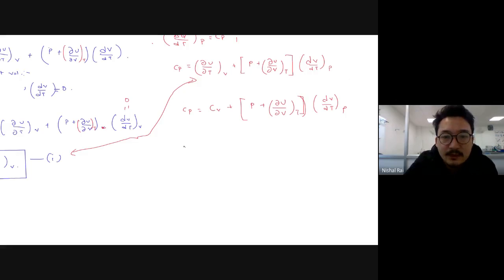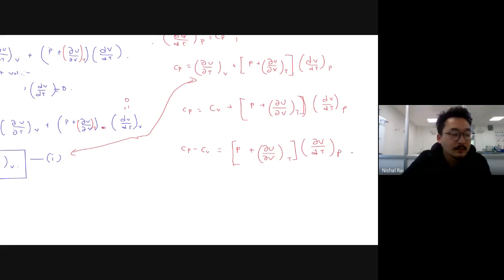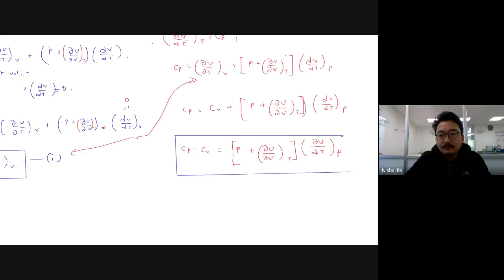So basically Cp minus Cv is P plus del U by del V at constant temperature times del V by del T at constant pressure. Now this is your final expression for Cp and Cv. This gives you a relation between Cp and Cv. Cp you are able to find by using your first law of thermodynamics.